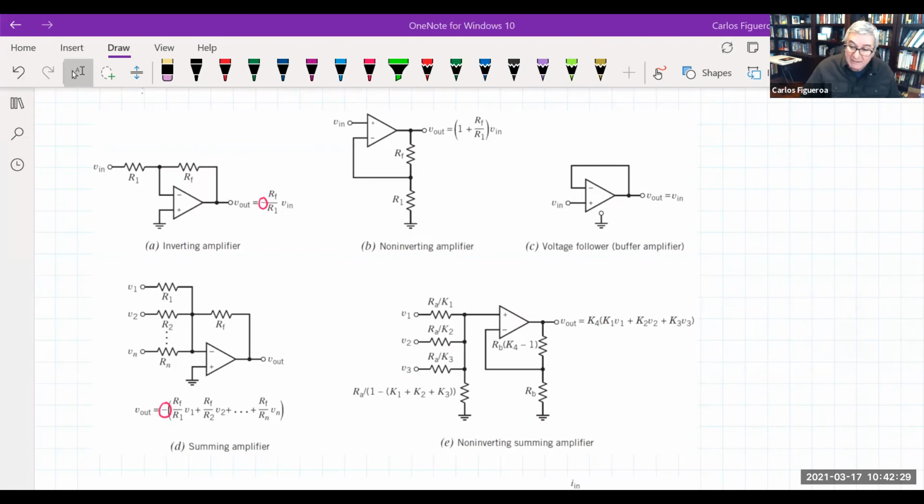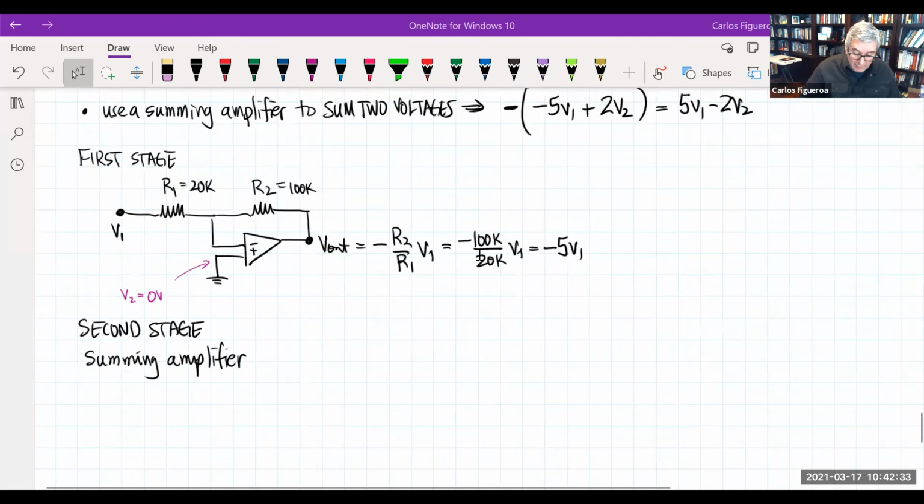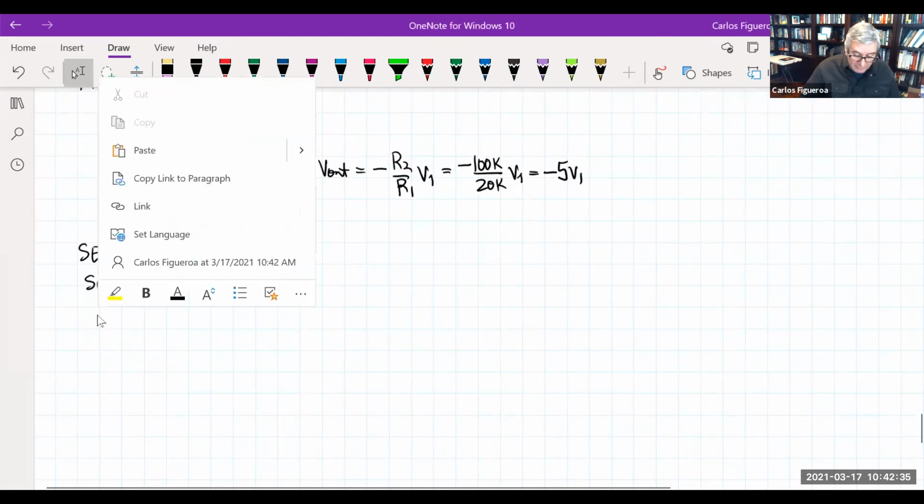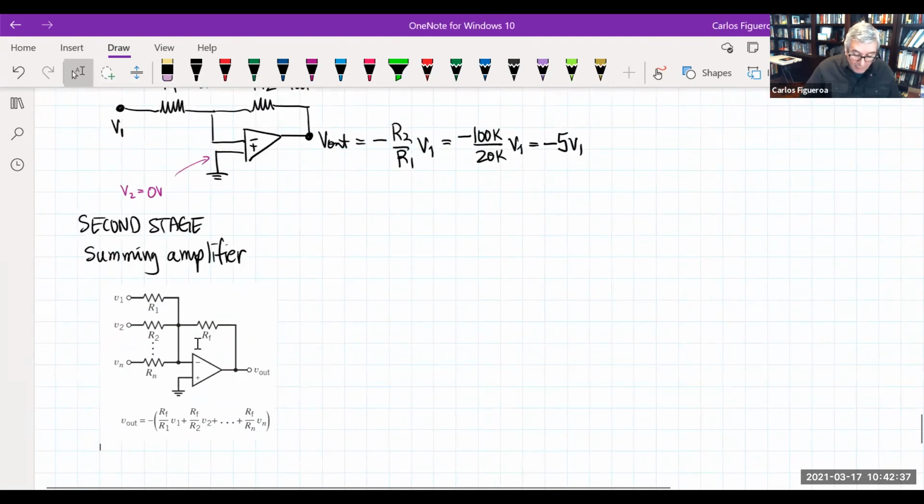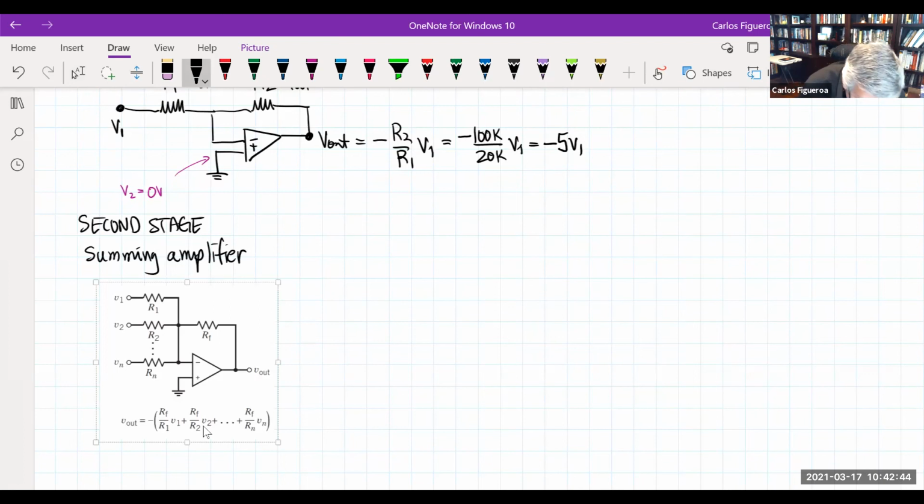So if I bring in my summing amplifier down to here, the output is the sum of these inputs. One of the inputs I'm going to set to minus 5 V1, because that's what we calculated right up here. That's the output of the first op amp.